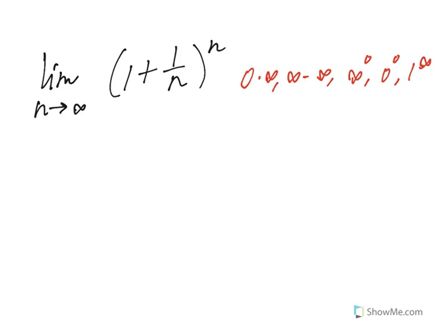And so if I take a look at this example here, 1 plus 1 over n all to the n, what you get as n grows infinitely large is that this is essentially 1, and this, of course, is driven to infinity. 1 to infinity, of course, is an indeterminate form listed in Section 7.7. So again, the techniques in 8.1 will be exactly the same.